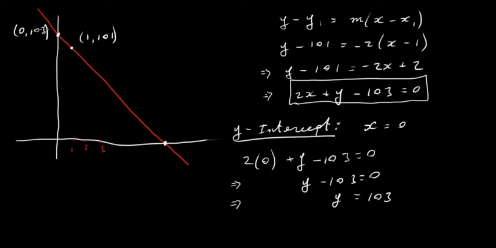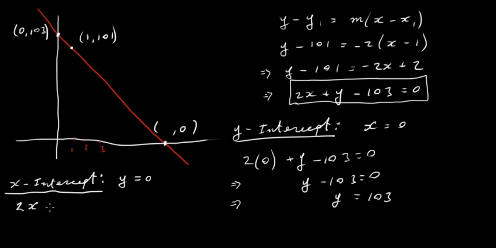Okay, let's have a look at the x-intercept. Remember the y is 0 on the x-axis. So again, dealing with the equation of our line, we want 2 times x plus y, which is now 0, minus 103 equal to 0.